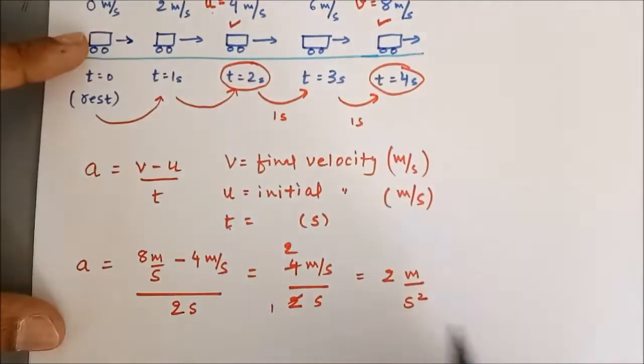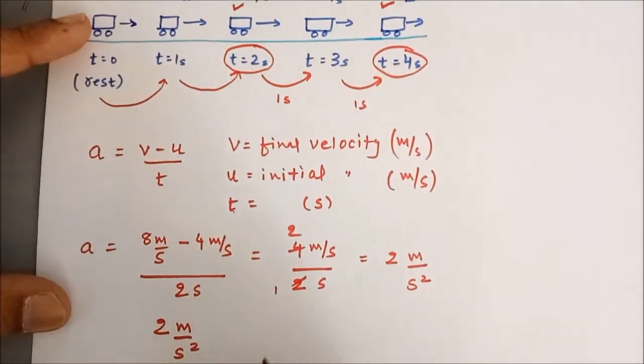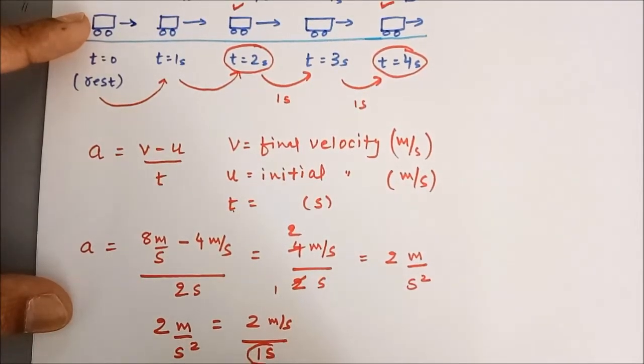Now on the other hand you can also write this 2 meter per second square like this: 2 meter per second upon 1 second, because anyhow 2 by 1 is 2, and meter per second per second is the same as meter per second square. So you can say that after every second the speed of the car increases by 2 meter per second.